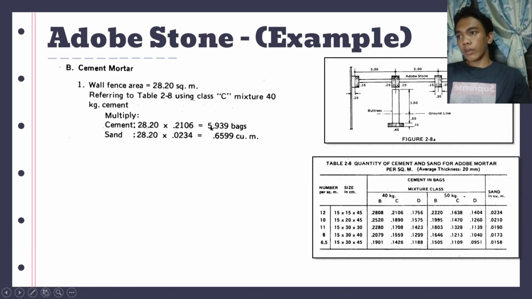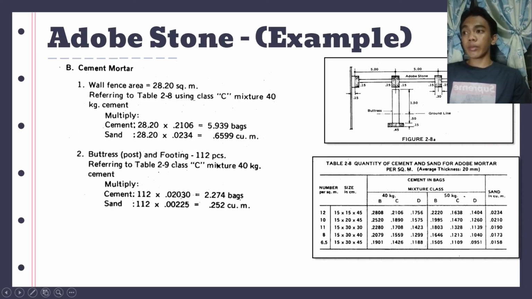That will be equal to 5.939 bags of cement. Then for sand, we multiply it by 0.0234, that will be equal to 0.6599 cubic meter of sand.